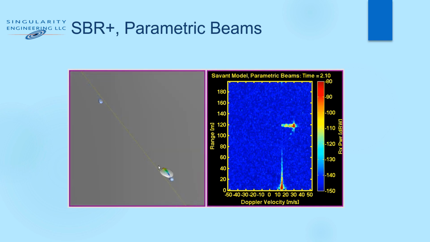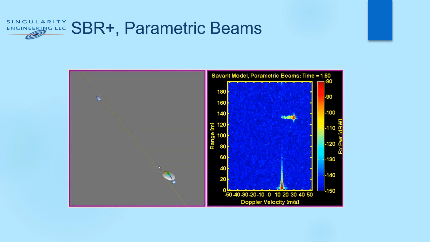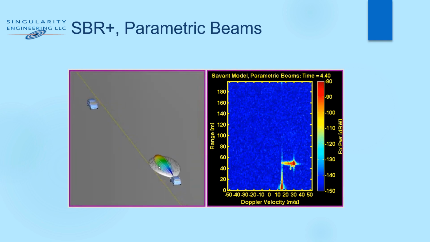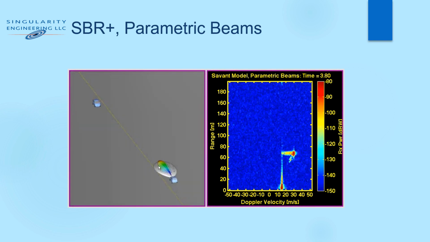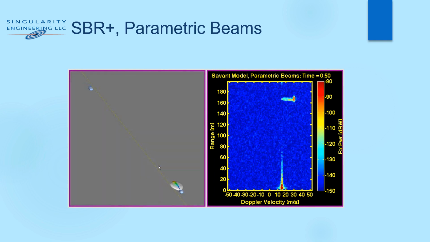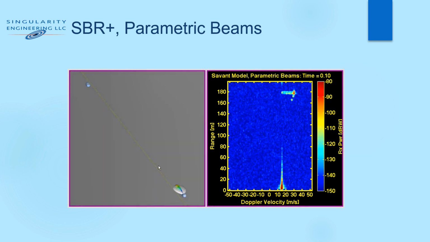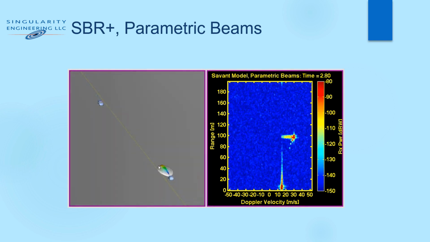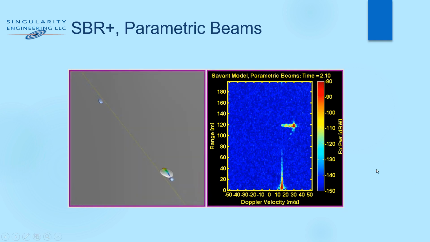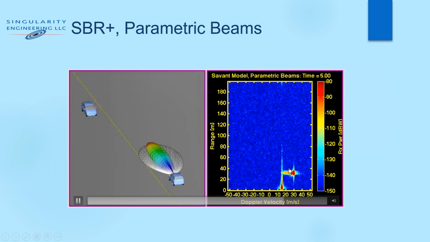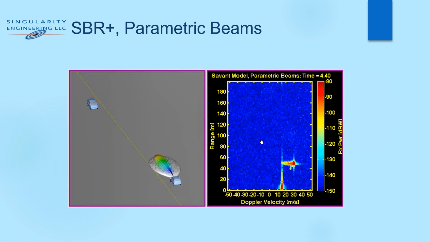And we are using SBR plus, which means we can actually see certain bouncing rays. So we treat this incoming car as a car instead of a point, and we can see this car is moving at around 10 to 30 meters per second, and we can see something reflected here, and it's also side lobe free, because it's using a parametric beam.